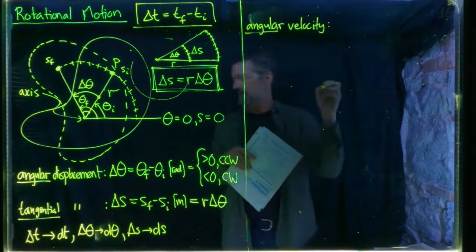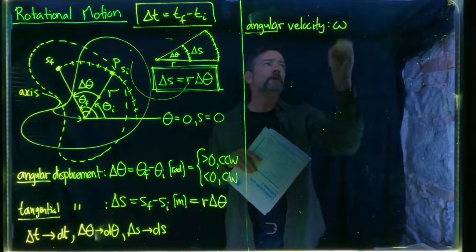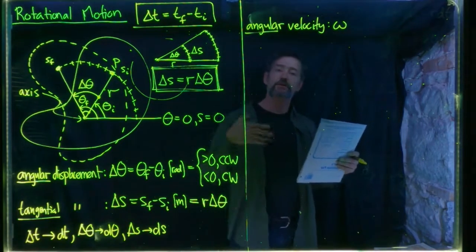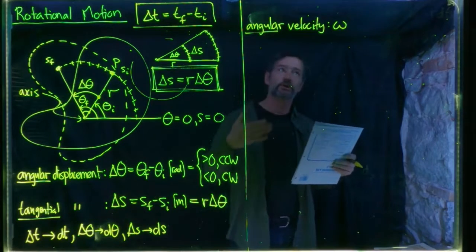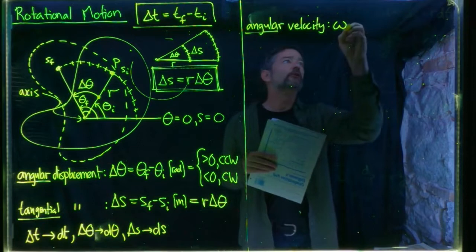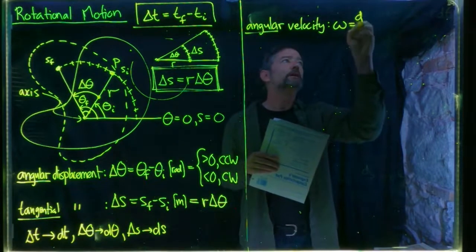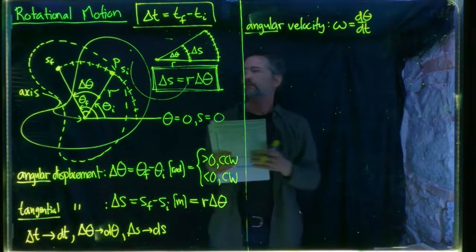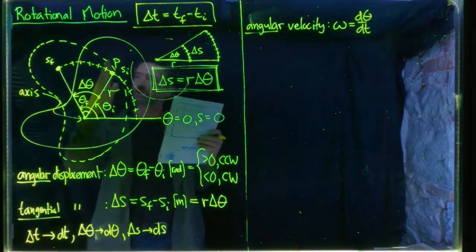It's given the name omega. So just like linear velocity, Vx is dx dt, the rate of change of the linear position, the angular velocity is the rate of change of the angular position. So omega is d theta dt. Okay, so it's the rate at which that angular position is changing.